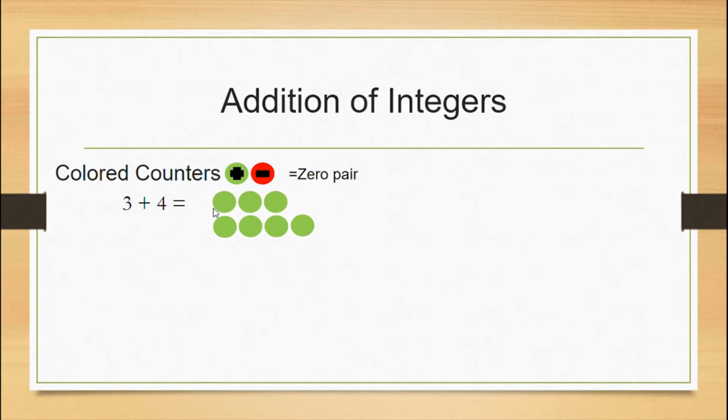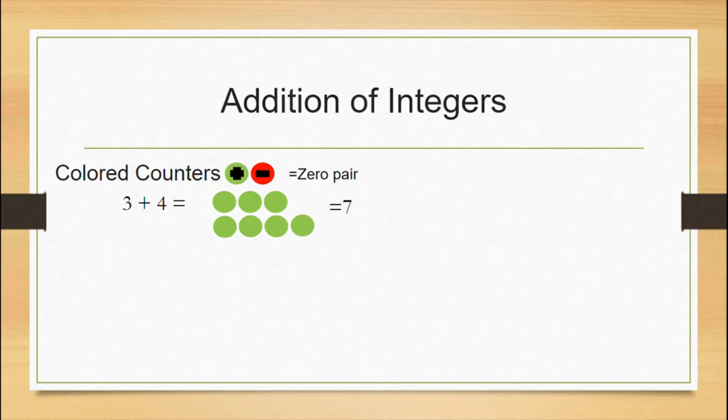Since we don't have red counters here, we're just going to count our answer. How many green counters do we have? We have 1, 2, 3, 4, 5, 6, 7. 7 green counters. So our answer is positive 7.